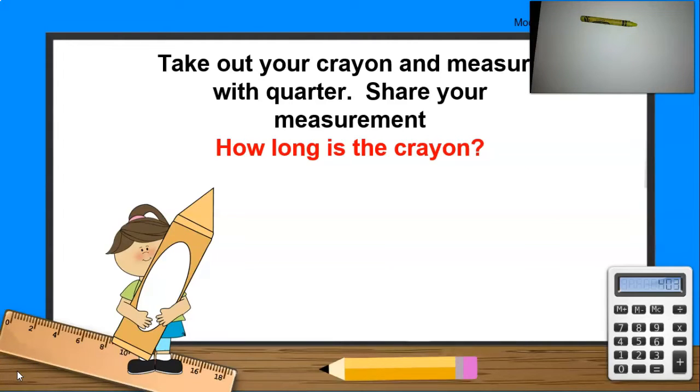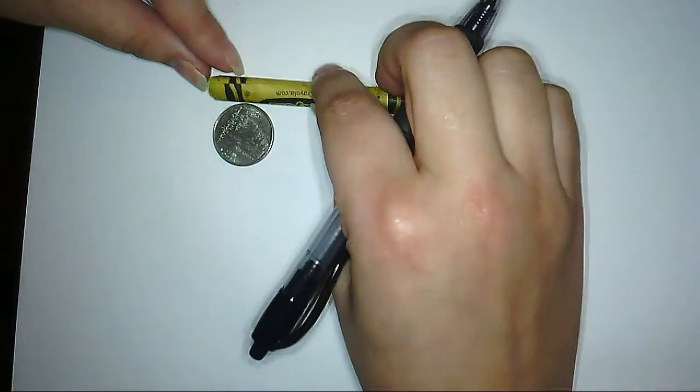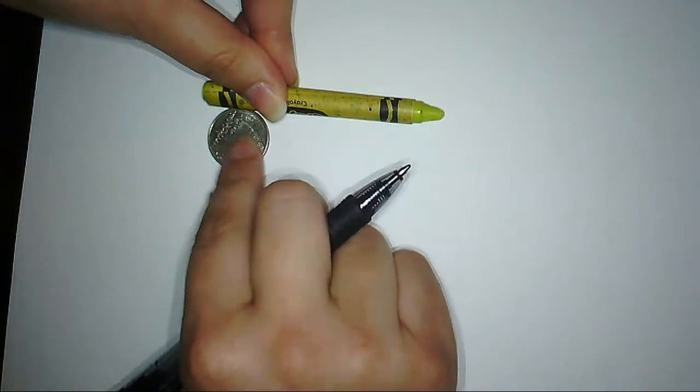Now we're going to measure the crayon using the quarter. So I'm going to stop the video really quick and make it bigger. Every time I measure, I'm going to put my unit, which this time is the quarter, and I'm going to make sure it starts where the mark, at the endpoint. I put the quarter. Make sure you hold your pencil so it won't move.